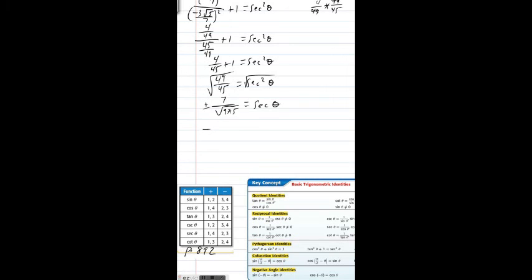So I have negative 7 over 3 times the square root of 5, times the square root of 5 over the square root of 5. Negative 7 times the square root of 5 over 15 is equal to secant of theta. There's a lot of work here, but a lot of this is just simple algebra, manipulating expressions.